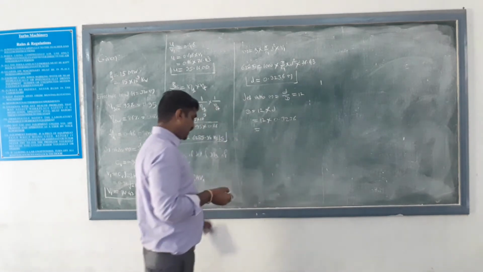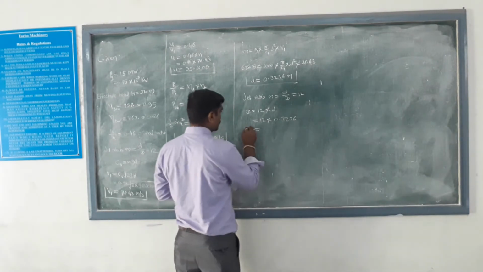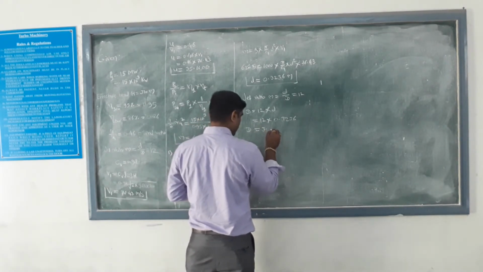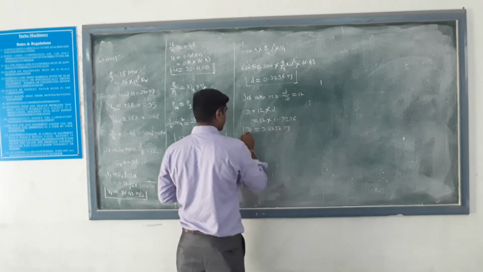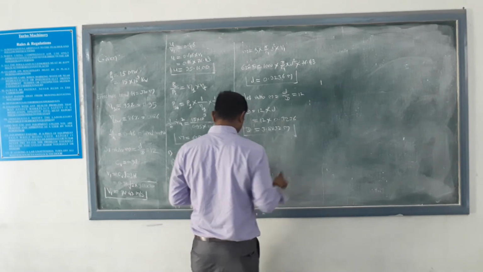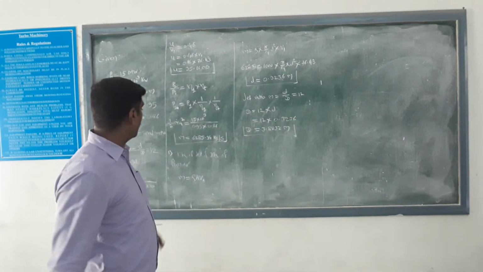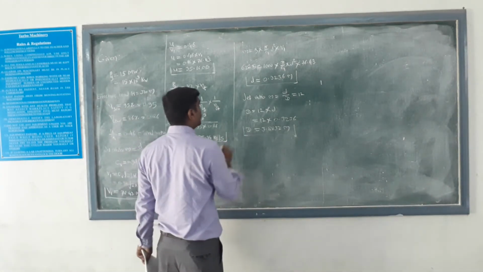So capital D equal to 3.32 meter. Here we have found small d and capital D, the jet diameter and runner diameter.